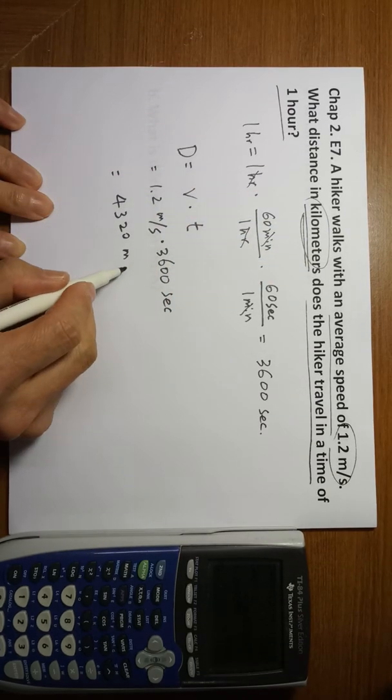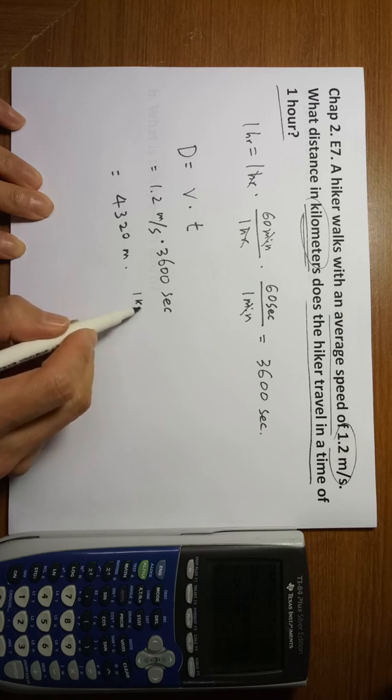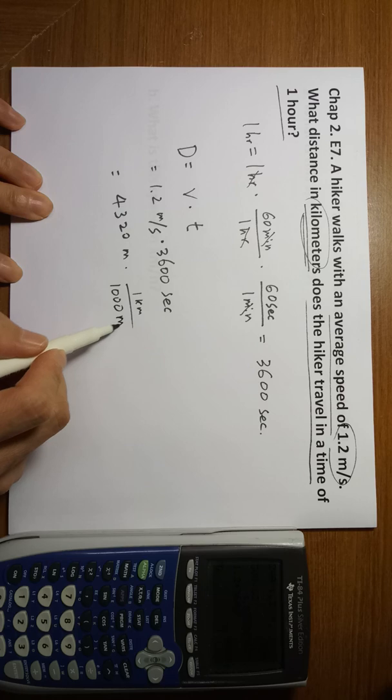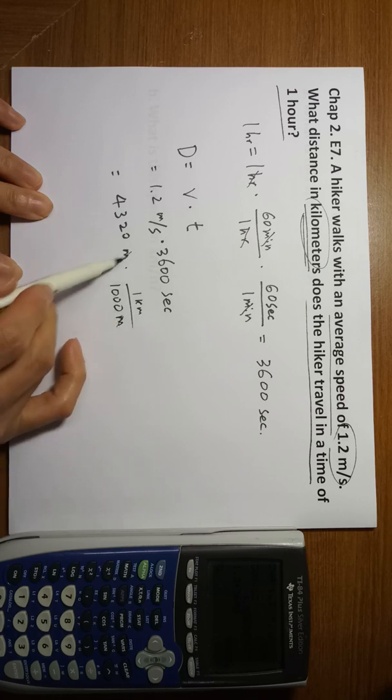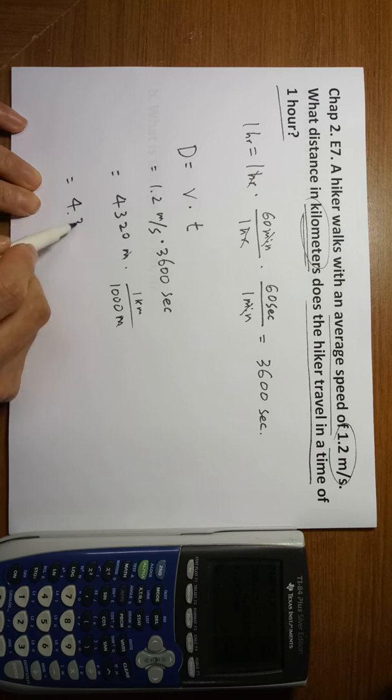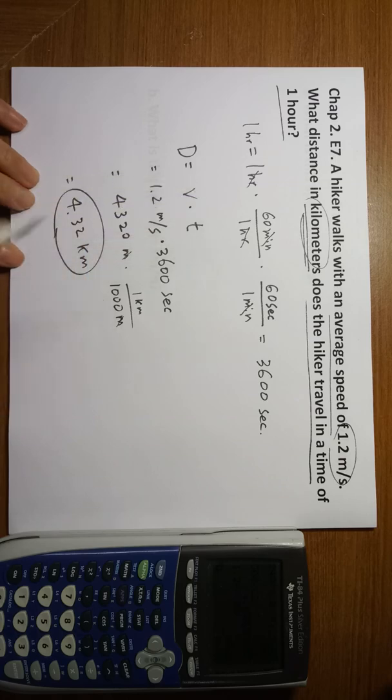So you can change meters. 1 kilometer equals how many meters? 1,000 meters. The meters cancel, and then you will get 4.32 kilometers as the distance traveled in 1 hour.